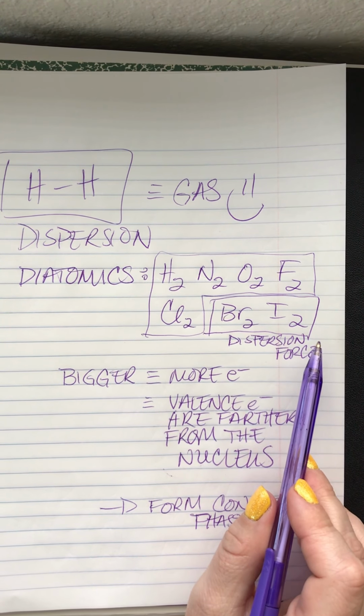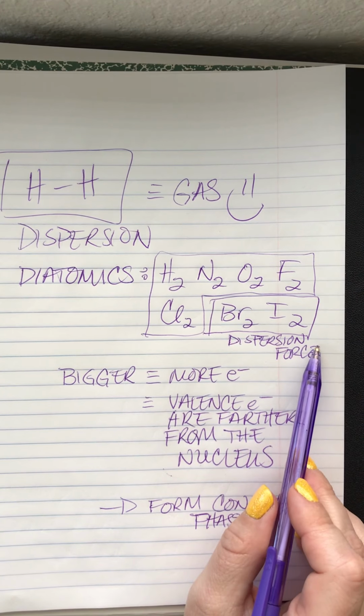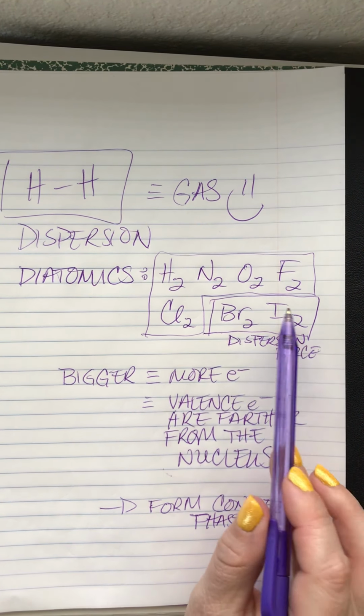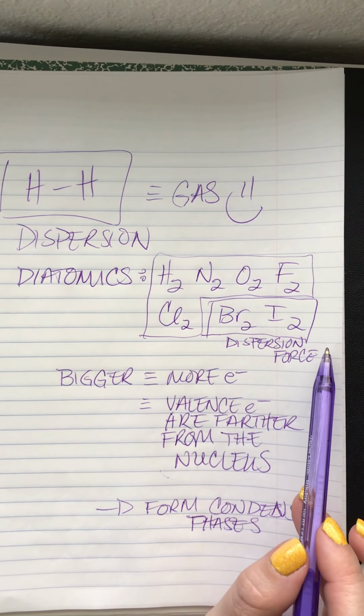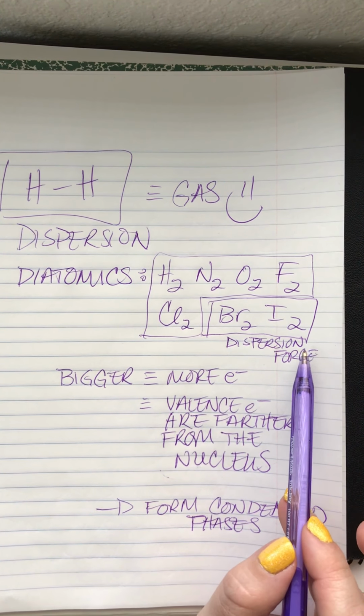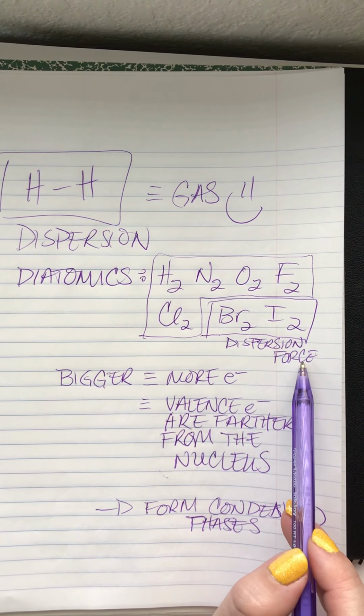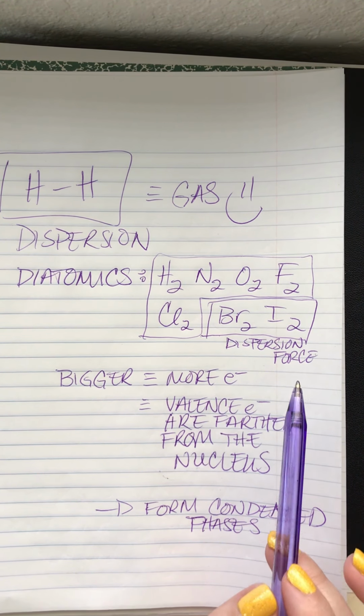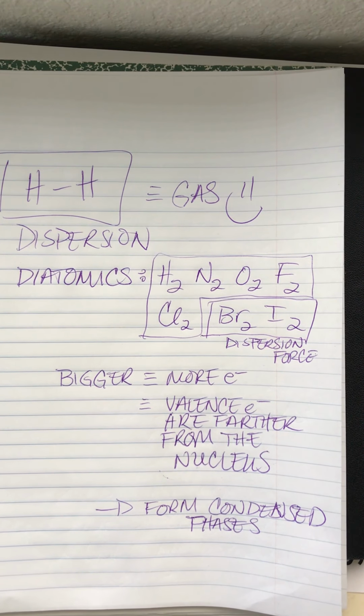Bigger molecules will be forced to hang out closer together, and that forcing to hang out closer together makes the dispersion forces stronger. Does that make sense, guys? This is a great example. Thank you for bringing that up, Alex.